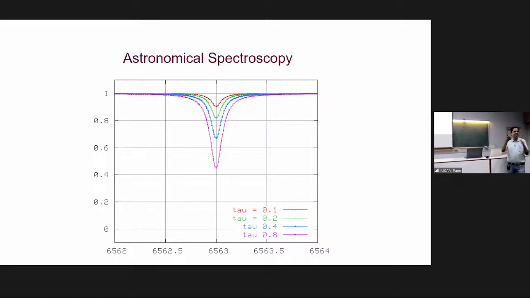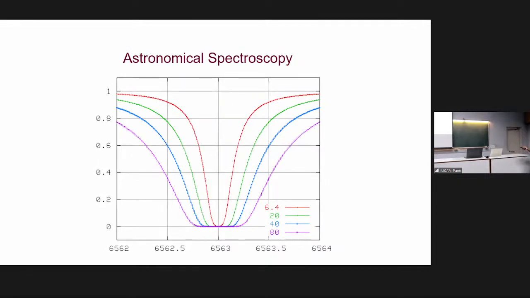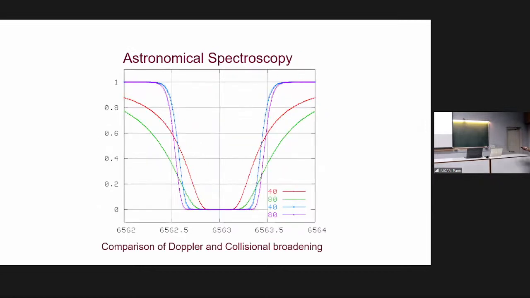Initially it was linear, and then it follows a different pattern. If we further increase the amount of absorbing material, it follows yet another pattern. So there are three different patterns which we see.